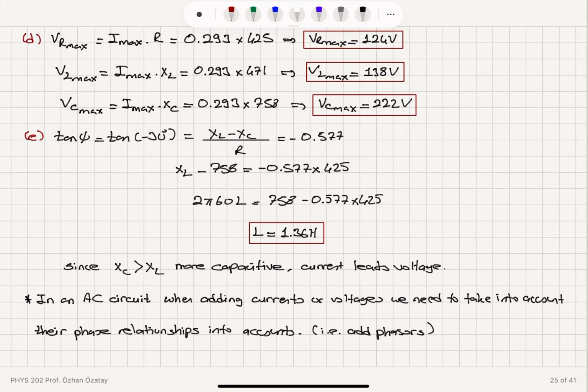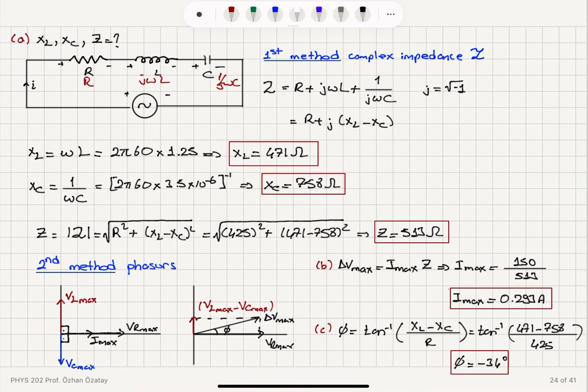So what we have seen in this analysis is that in an AC circuit, when adding currents or voltages, we need to take into account their phase relationships. Therefore, basically, we need to add phasors. We do so by using phasors, or we can use this complex impedance analysis.